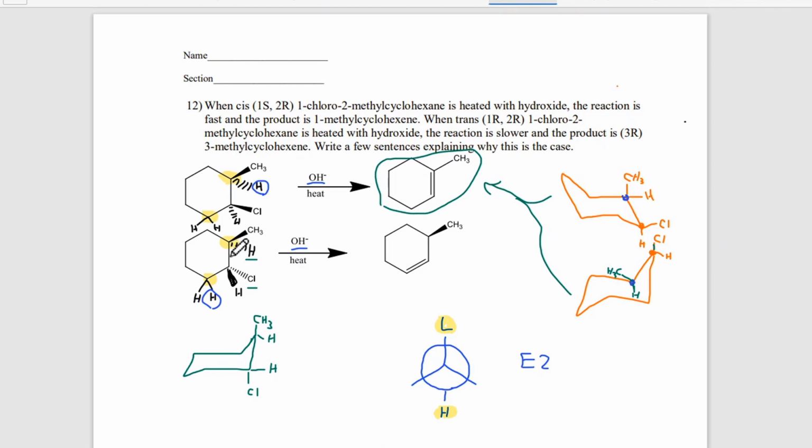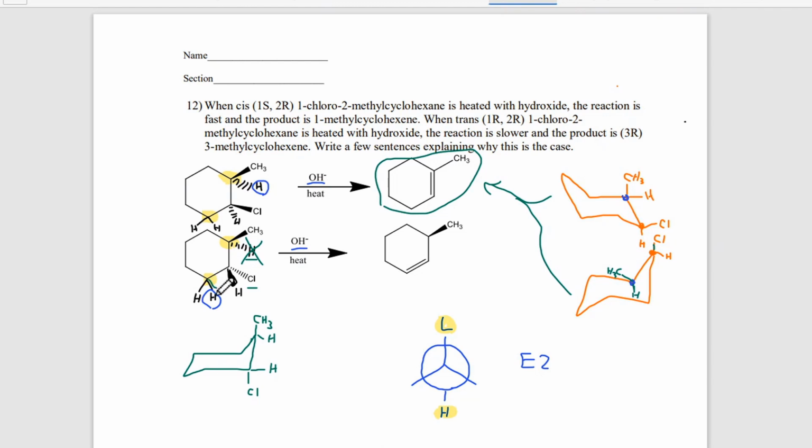In the other case, the hydrogen is down relative to the CH3, and the chlorine is also down, so there's no way for them to be anti-coplanar or anti-periplanar to each other. And so this cannot be eliminated to form the double bond here.